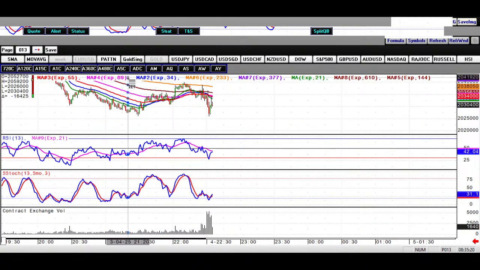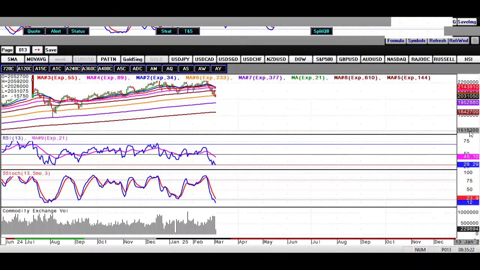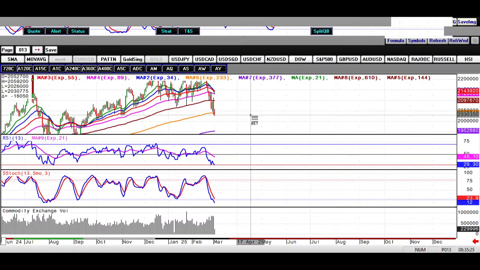Let's see on a higher time frame. If you see here, this is 20300. There is a strong support, and the next one is 20120. That is the next strong support.